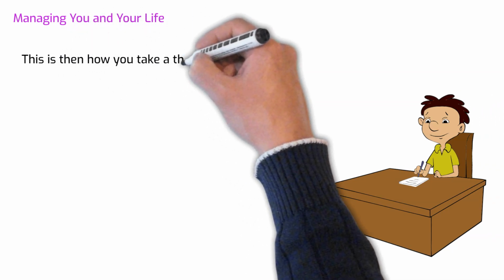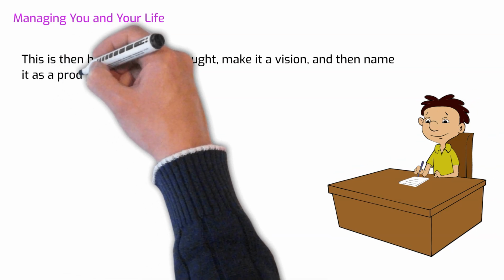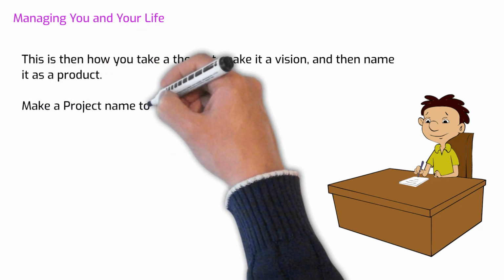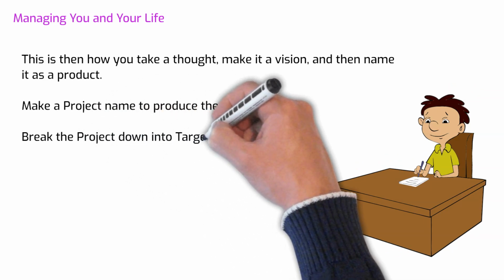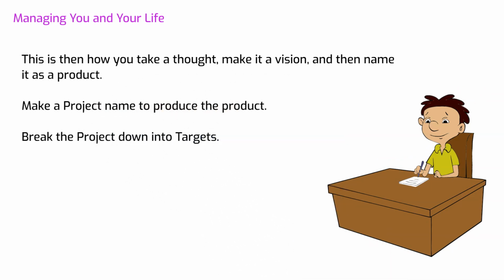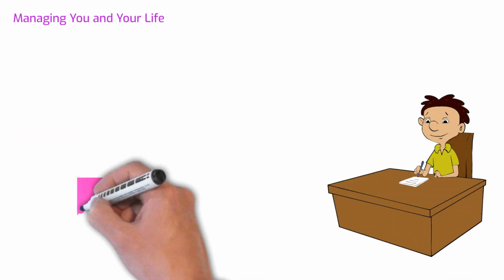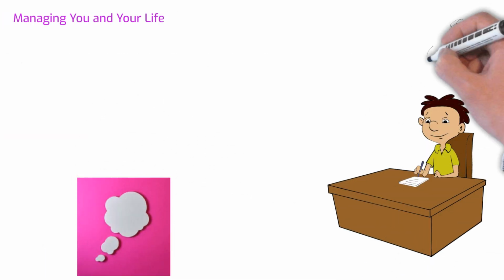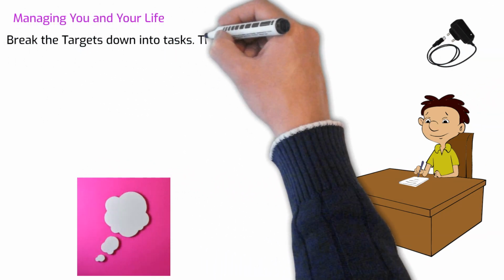This is then how you take a thought, make it a vision, and then name it as a product. Make a project name to produce the product. Break the project down into targets. Break the targets down into tasks.